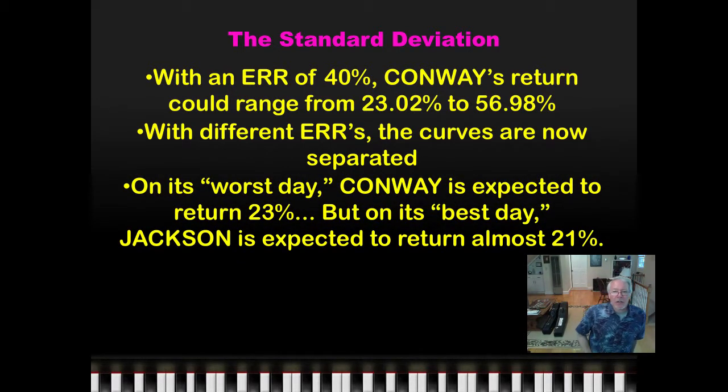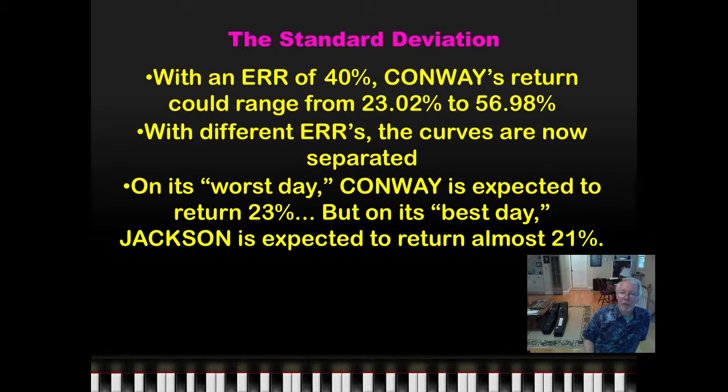That means that on Jackson's very best day, plus 3.54 standard deviations, they could make 21%. They might. But on their worst day, the new and improved Conway, minus 3 standard deviations would make more than that, 23.02, because they have different ERRs now.